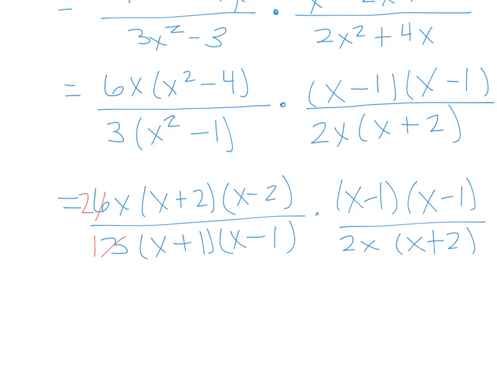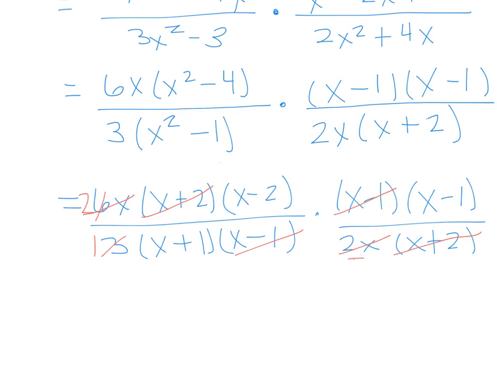And now if we compare that to the 2x in the denominator over in the other rational expression, the 2x will cancel with that 2x, so those go away. Okay, we have got an x plus 2 here and an x plus 2 here, so those will cancel. And we've got an x minus 1 here and an x minus 1 here. I think that is everything that will cancel.